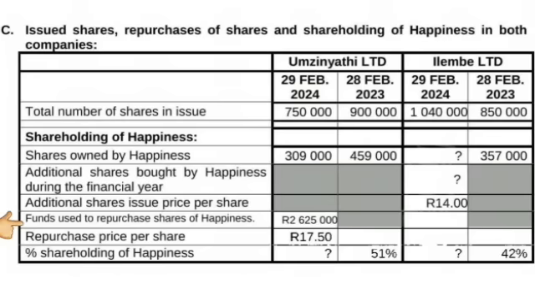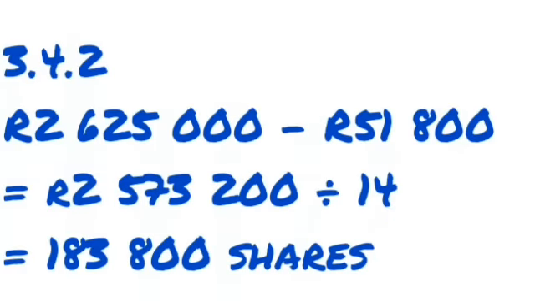How much was the total? We know the price per share was 1750, but the total she received was 2,625,000, and then she bought additional shares at Ilembe for 14 rands per share. So she used that amount to buy shares at Ilembe for 14 rands per share.